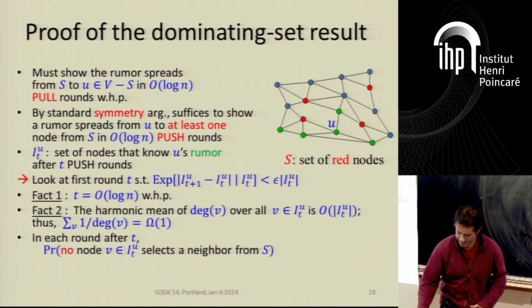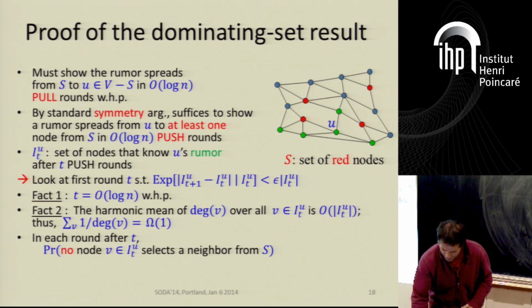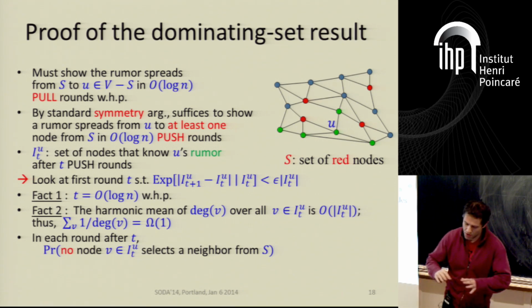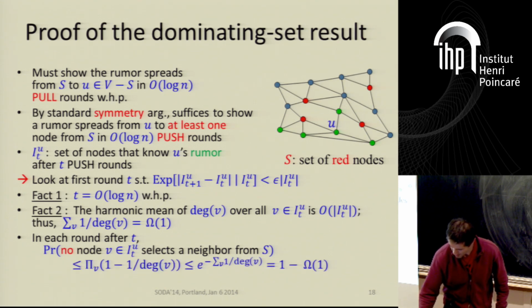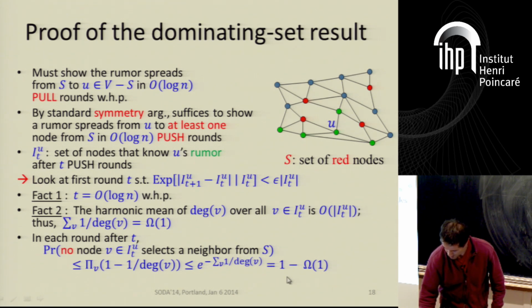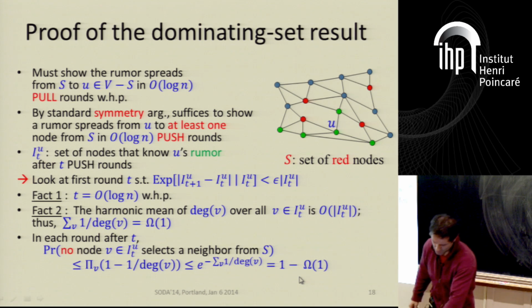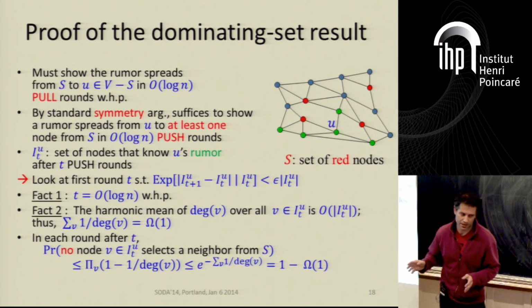And the probability that in a given round, after this round t, no green node does that, is at most the product of these probabilities here. And then we use the standard formula here to obtain this one. And this is the quantity we lower bounded here. So it follows that this happens with some probability bounded away from 1.